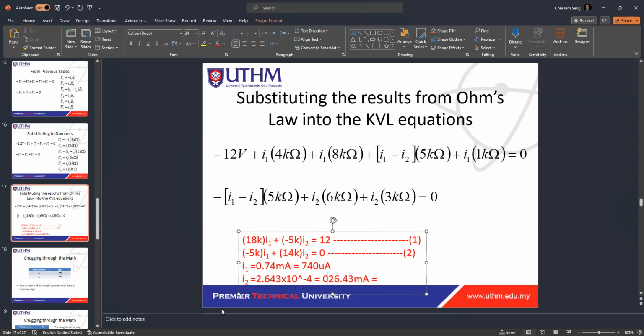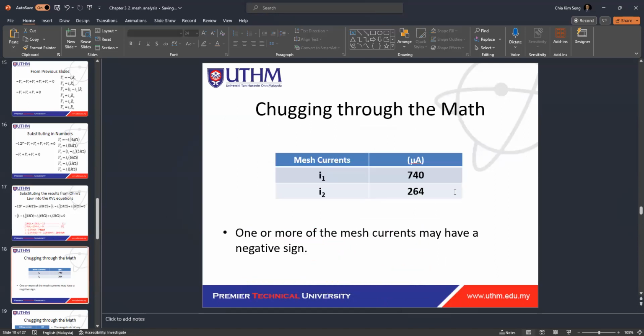Okay, I moved wrongly. So it should be like this, because we make it -3. So this means the answer needs to be multiplied by 0.1. So it should equal to this guy, 0.264. And after that we convert into the micro. For milli to micro, this means we multiply by 1000. So we're going to get this answer. This means the answer in the slide is correct. Okay, so this slide is correct.